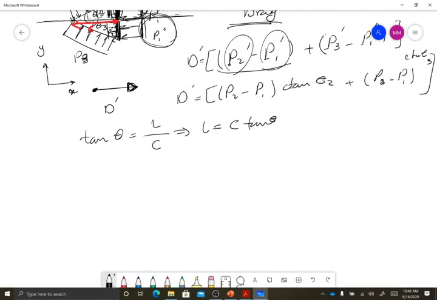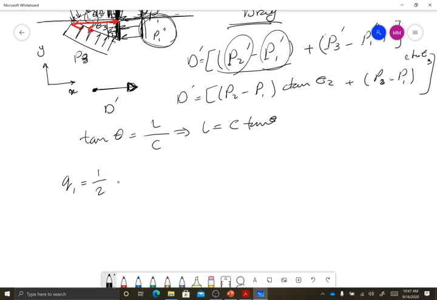So what else do we have to calculate? We have to calculate the dynamic pressure. What was the formula for dynamic pressure as a function of P and M? We already should have this formula, right?